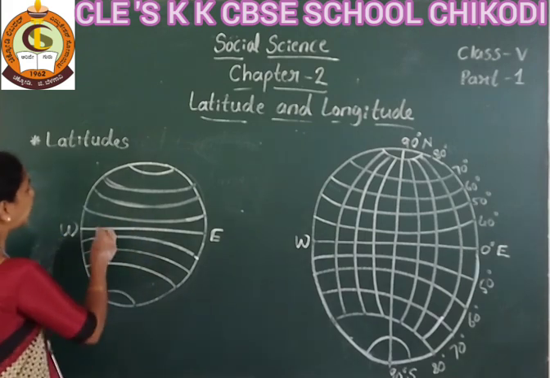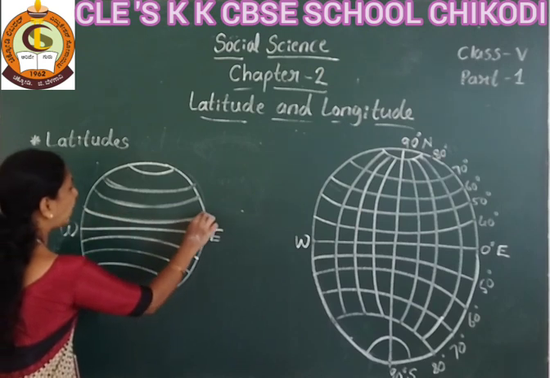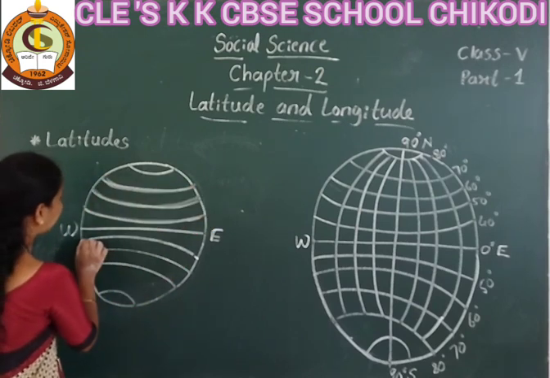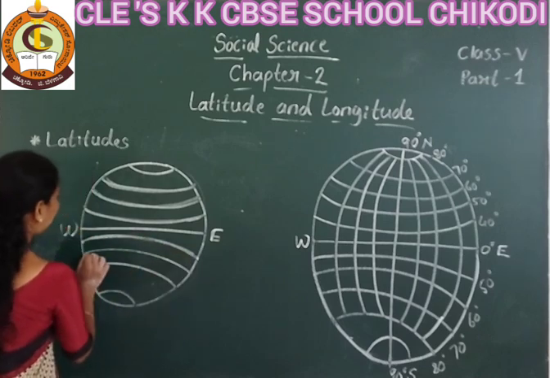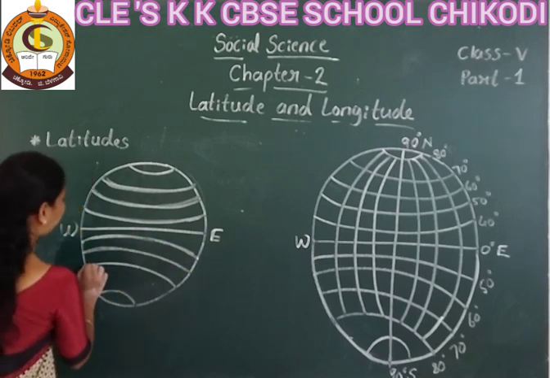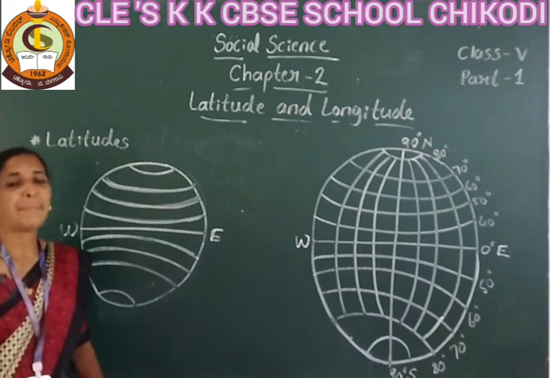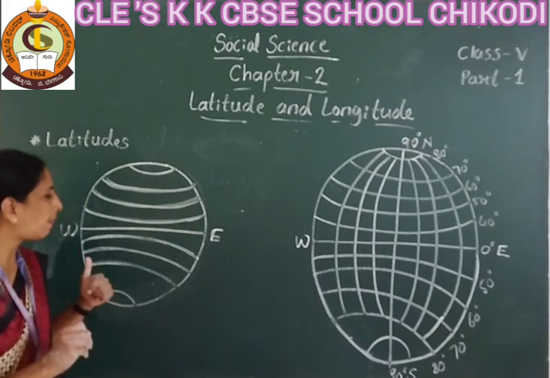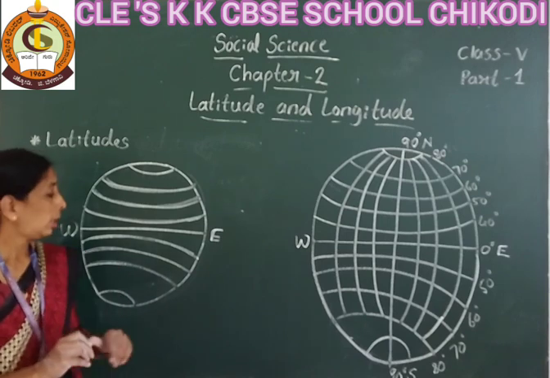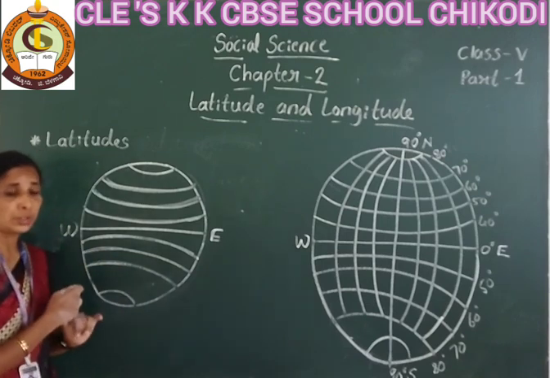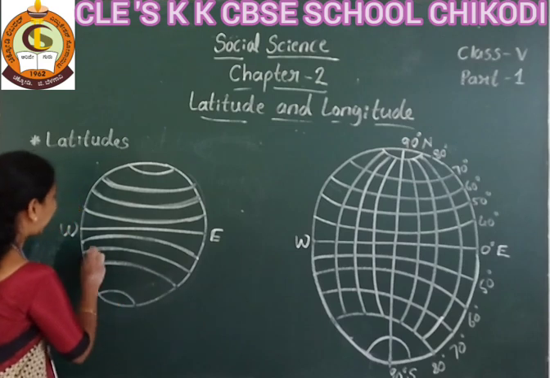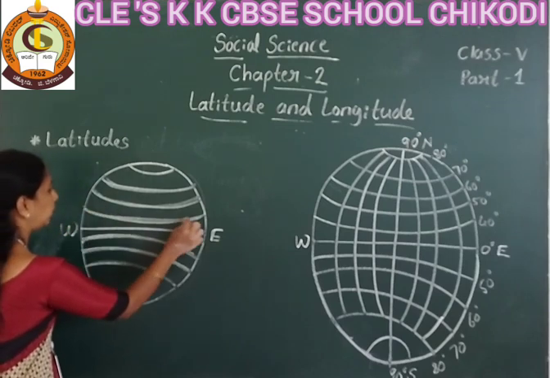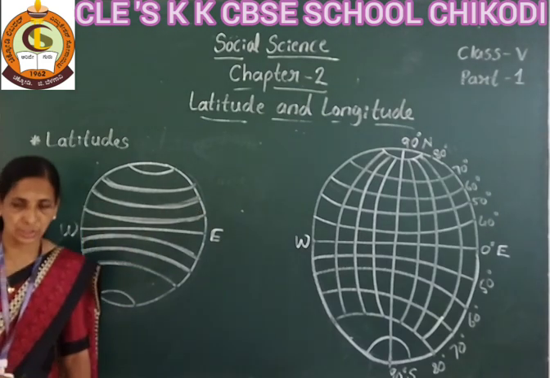And these lines are parallel to each other. See here, these all are parallel. So latitudes are also called parallels of latitude. Why do we call them parallel latitudes? Because the lines lie parallel to each other.